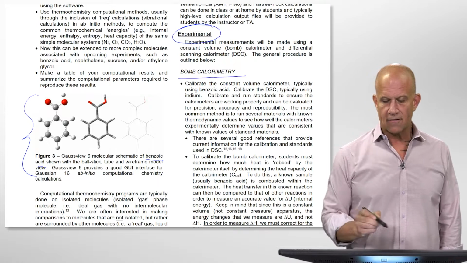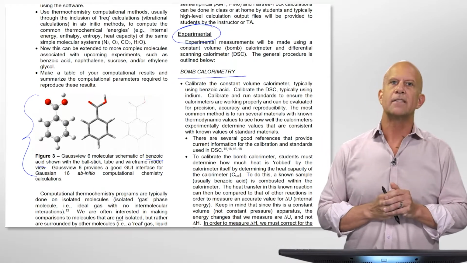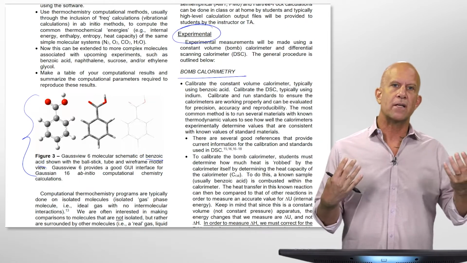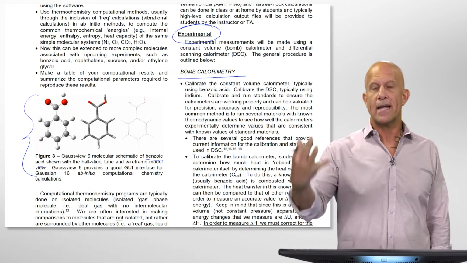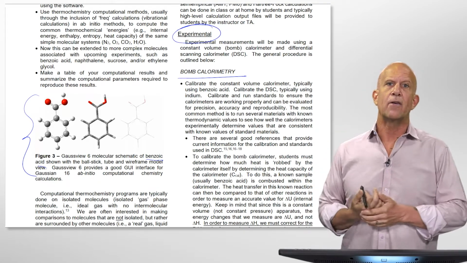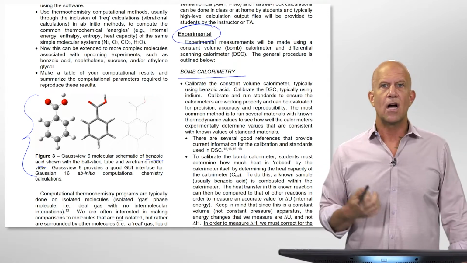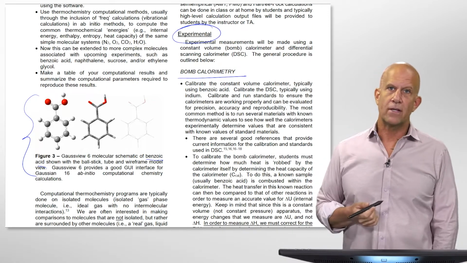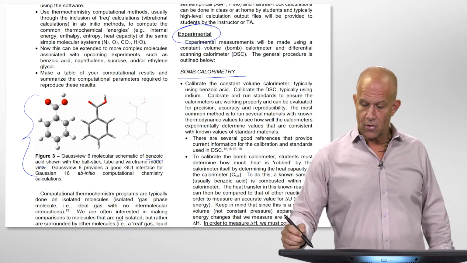Now, constant volume, or affectionately called bomb calorimetry, is something that is hard to do in kind of an automated remote setting, but this is something that can be done through ASU Sync, where you're interacting with a teaching assistant or an instructor that's running it remotely for you, or something we can do in kind of a simulation mode.